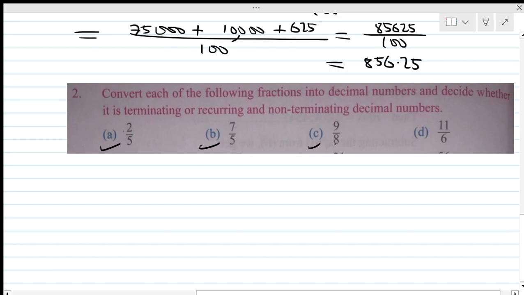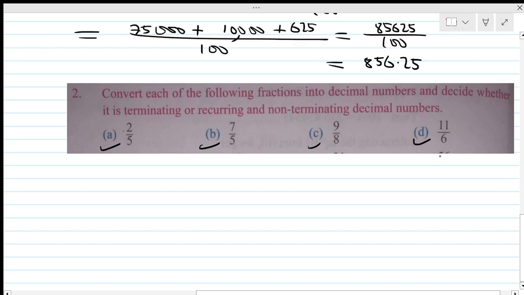And C, here 8 is 2 into 2 into 2, so by 5 into 5 into 5, if you multiply numerator and denominator, you are going to turn the denominator into some power of 10, either 100 or 1000. So you can find this as a terminating decimal.